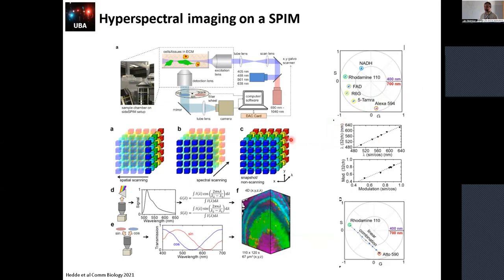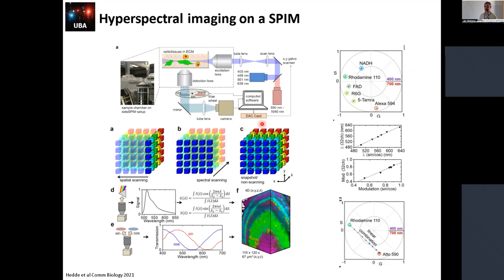With this approach, we can collect almost in parallel 3 channels, so sine, cosine, and total intensity, and then do the transformation and capture the phasor in a camera, in all the pixels of the camera.